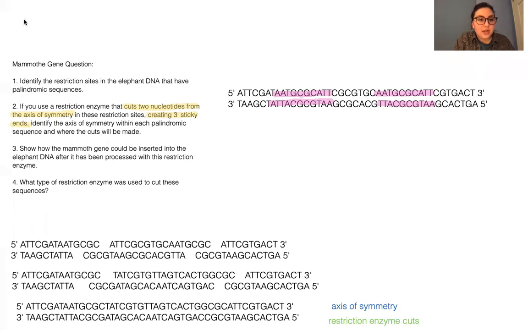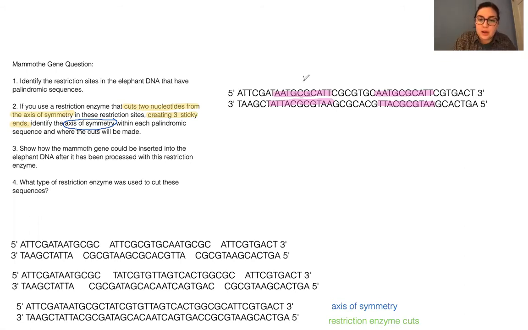But the first thing that it asks us is to identify the axis of symmetry, which we're going to do in blue here. So we can find that, like we were discussing before, is the point within this palindromic sequence where it could actually fold on top of itself, on half or on itself. And so what is that middle point where that folding could happen?